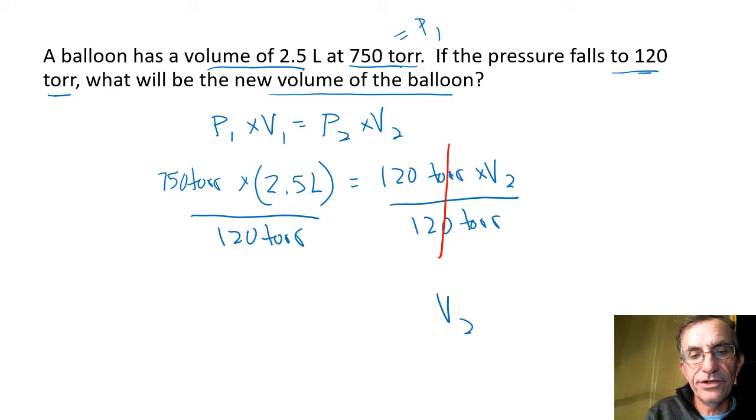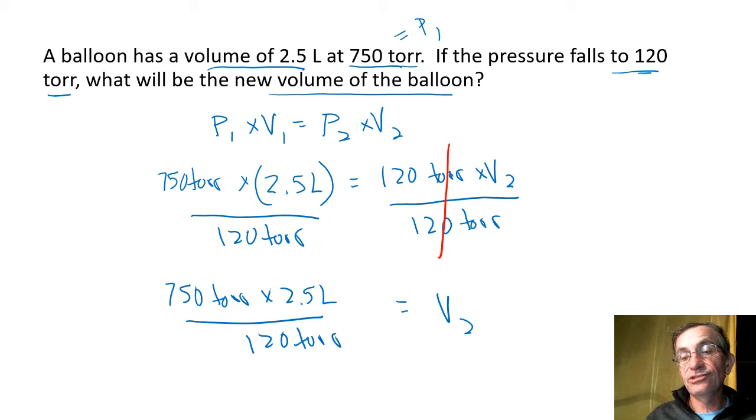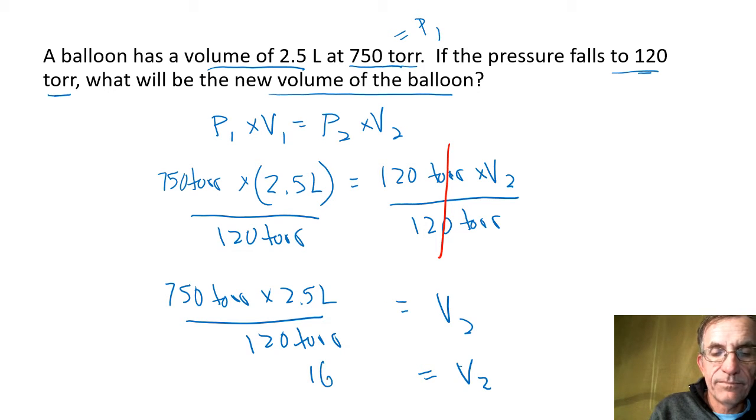My new volume for this balloon will be 750 torr times 2.5 liters divided by 120. All right, so you should type that in your calculator. V2 equals, when you do the 750 times the 2.5 divided by 120, it works out to 16.